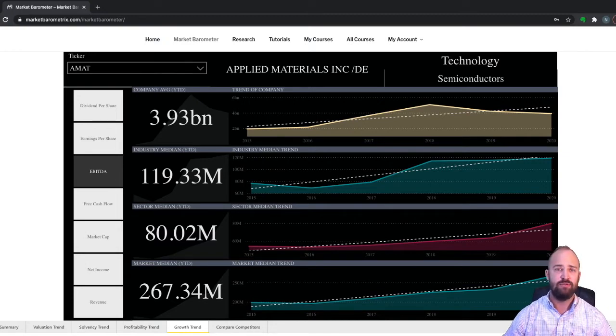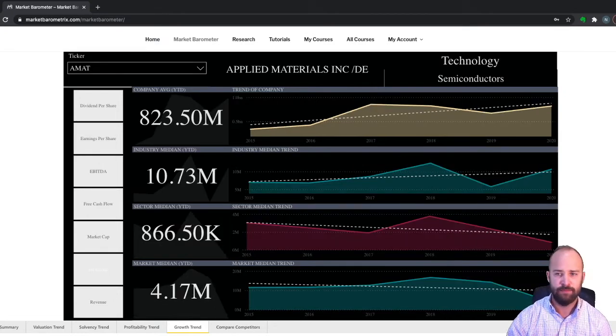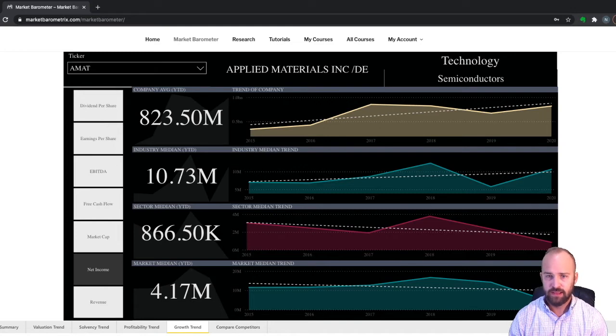To that end, let's move down one more step as far as profitability is concerned on the income statement and look at net income. Again, this is the bottom line of the income statement and the most granular level of profitability. And here we're seeing some more of the same, more in line with revenue, with net income picking back up in 2020, but diverging once more where it looks like net income peaked in 2017, tapered off in both 2018 and 2019.